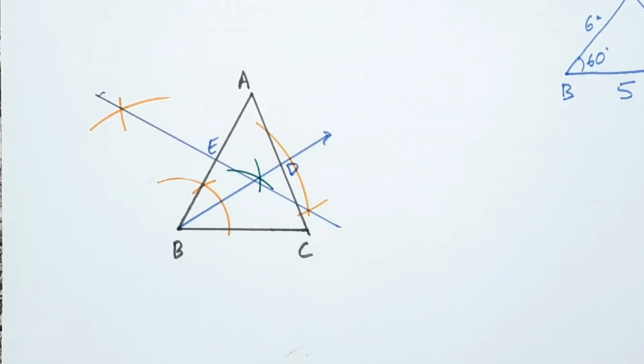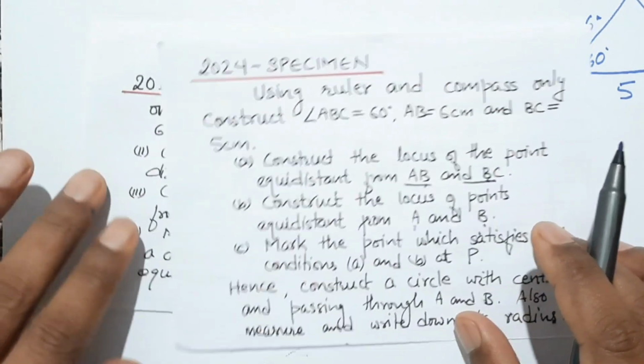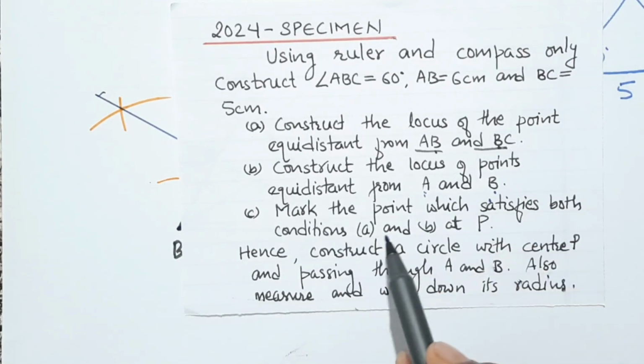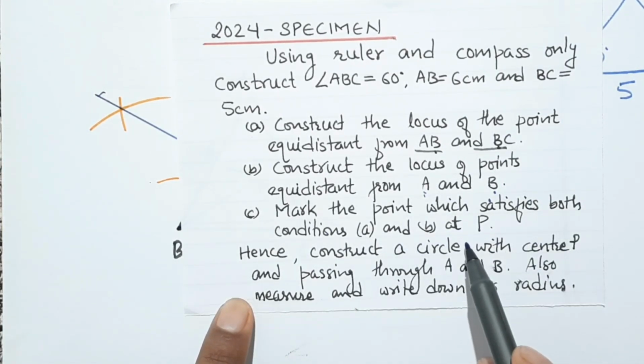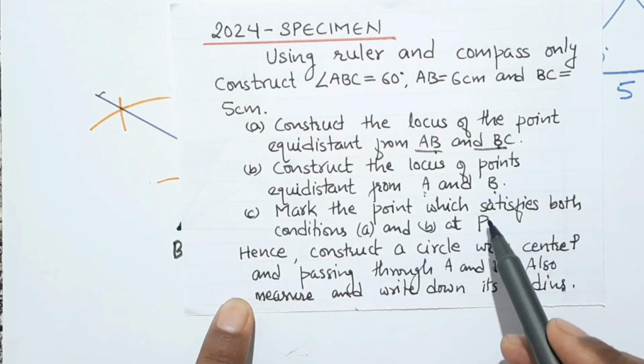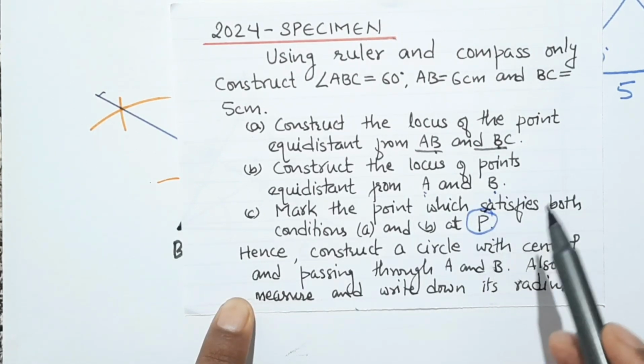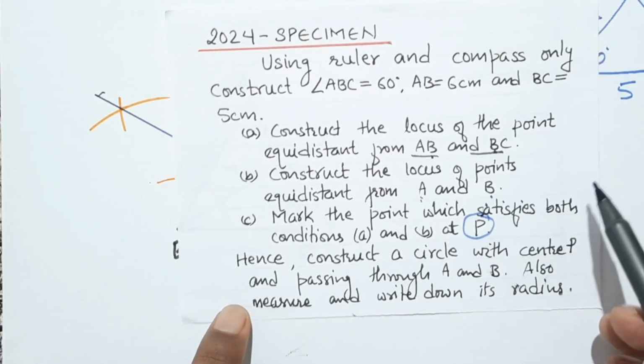Now the next part of the question is to mark the point which satisfies both conditions. That means here we have to mark the point P which fulfills both conditions.